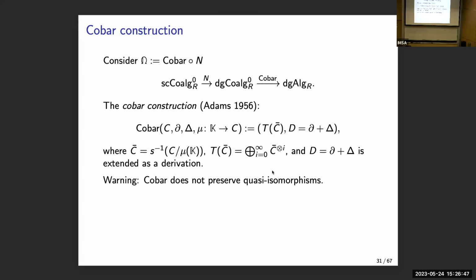So I know there's some homotopy theorists in the audience, and there's a discrepancy in how some homotopy theorists define the Kovar construction and in how I'm defining it. For example, the Kovar construction, as you find in homotopy theory and in stable homotopy theory and so on, you usually define it as the totalization of a cosimplicial object.